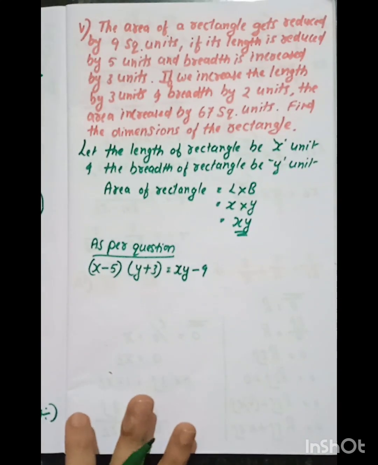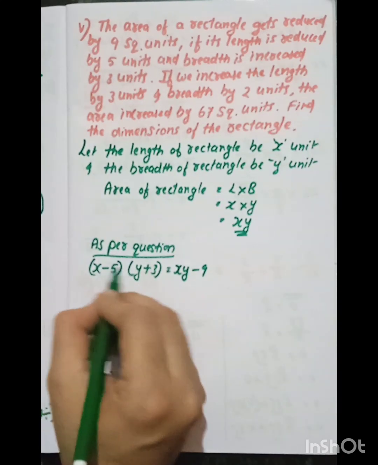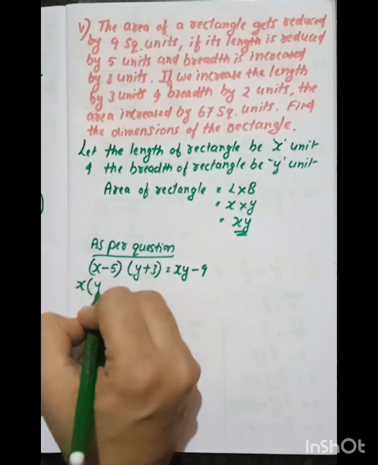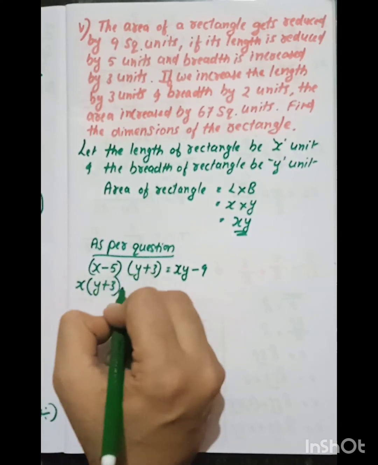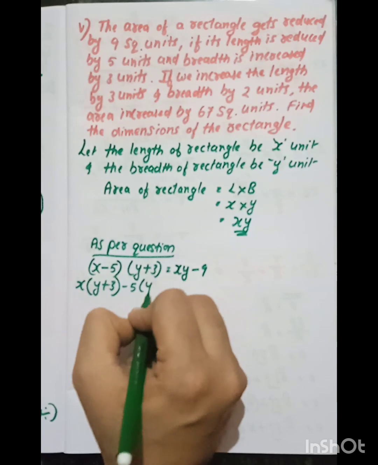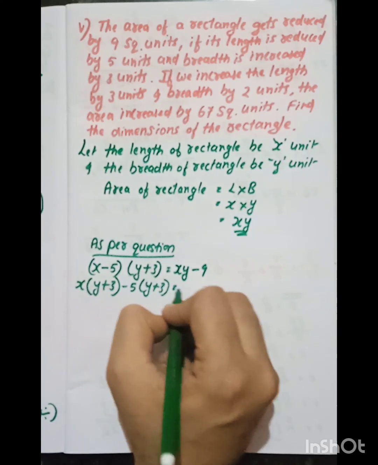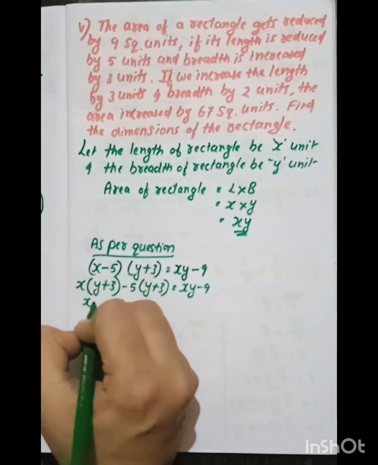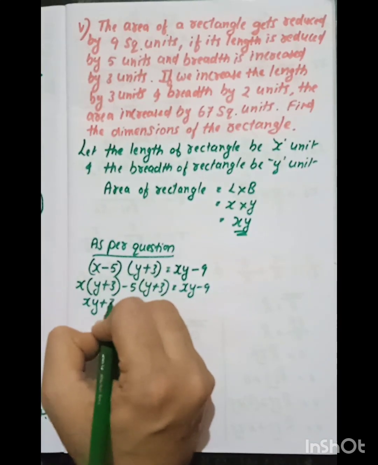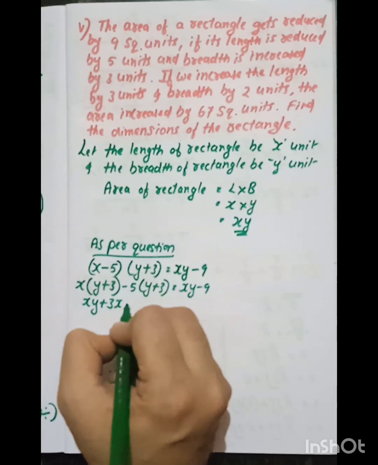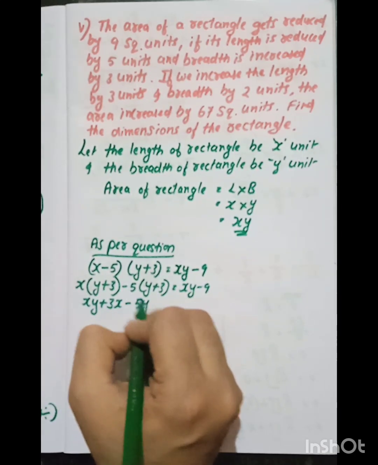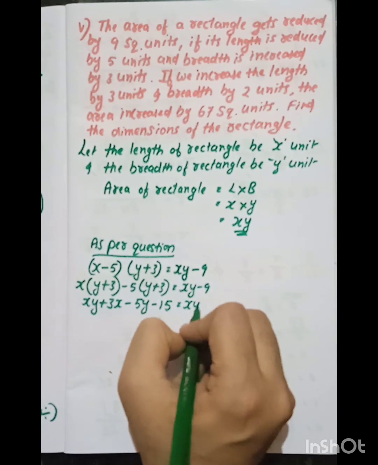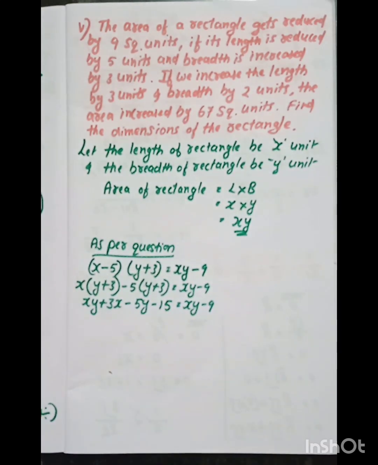Let's simplify this. x into (y plus 3), then minus 5 into (y plus 3) equals xy minus 9. x into y, xy, plus x into 3, 3x, minus 5 into y, 5y, minus 5 into plus 3 is minus 15, equals xy minus 9.